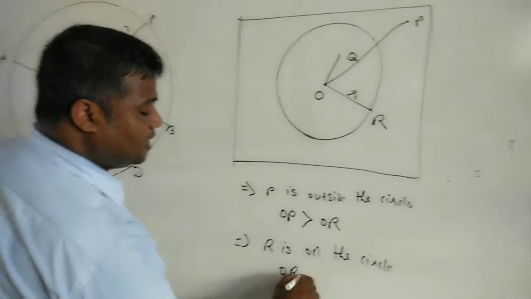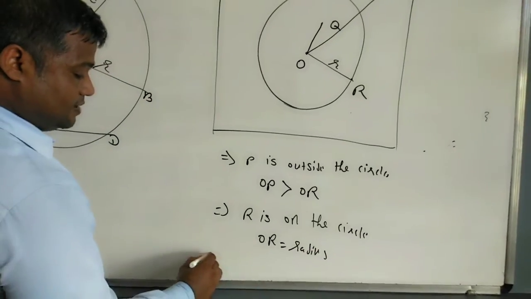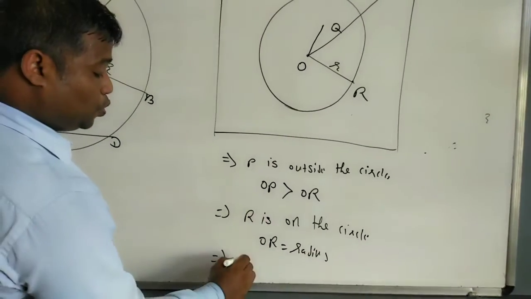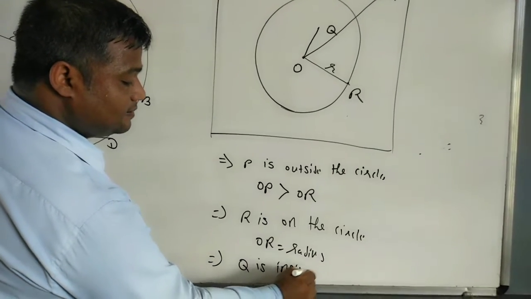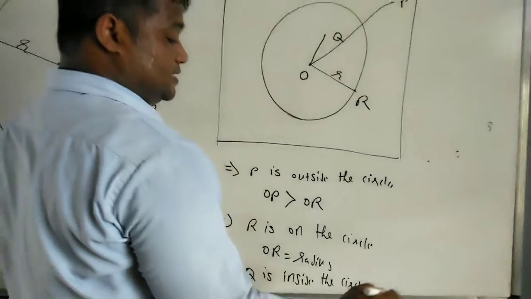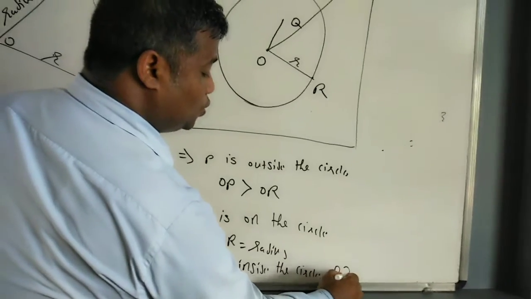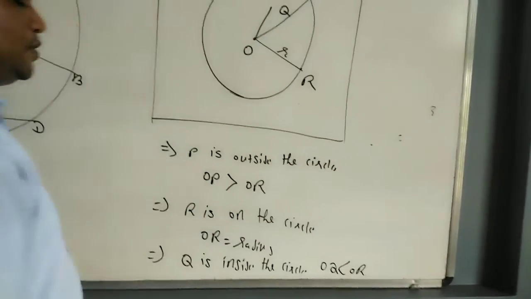OR becomes your radius. And what happens to OQ? Q is inside the circle. And OQ is less than OR.